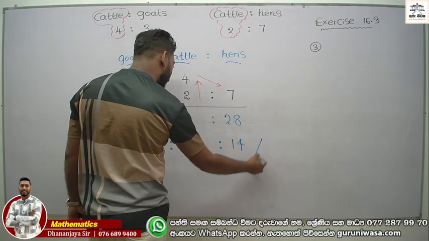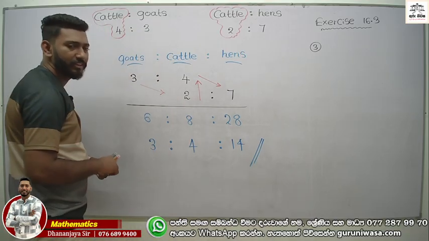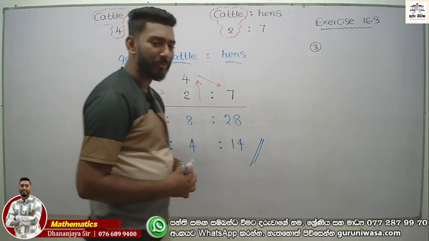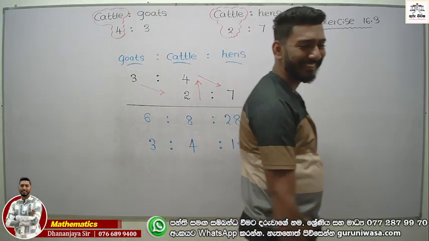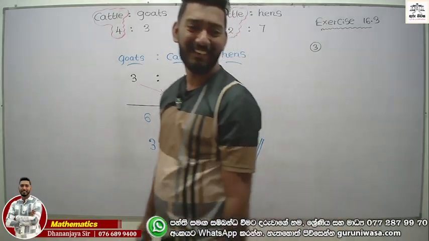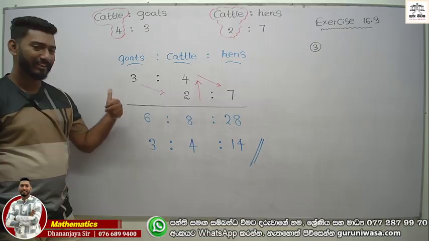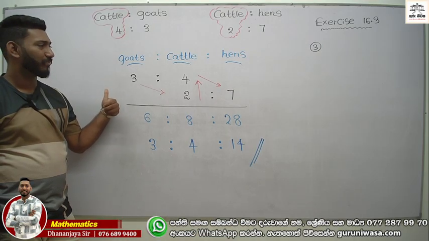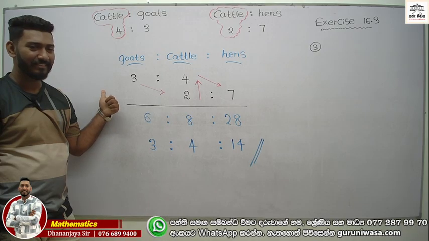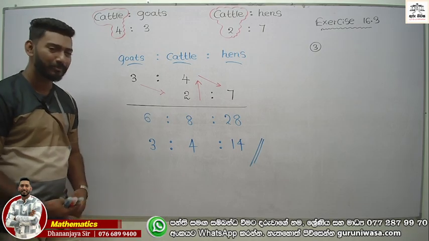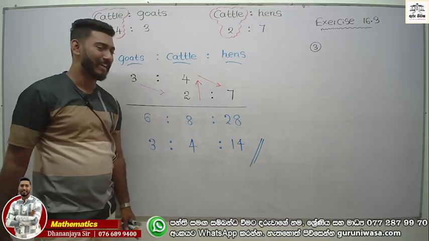This is the last answer. Did everyone understand this? Savini, Elena, Yanara, how is it? Yes, sir. Okay, right.